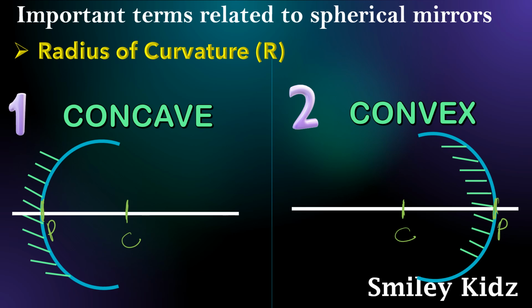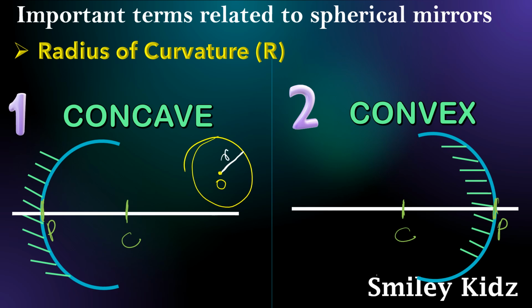Now, radius of curvature. Before we understand that, let's draw a circle like this and say this is the center of the circle, that is O. Now we know that when we join a line segment from the center of the circle to any point on the circumference, it forms the radius of the circle, isn't it?